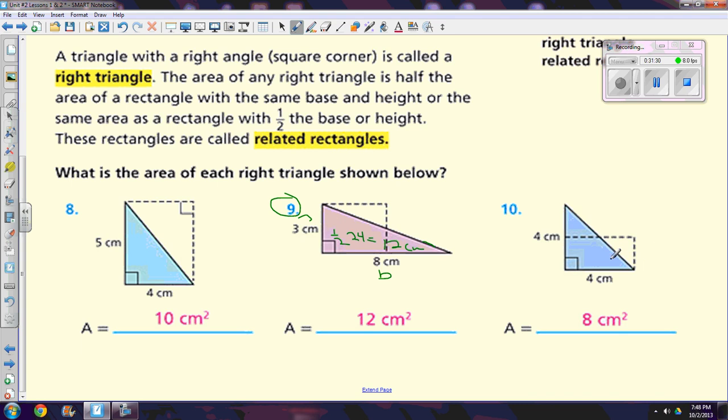Number 10, again, look, if you were to take this right triangle, make it a rectangle here, the top part, the triangle right here, move it down there, you'd make that rectangle.